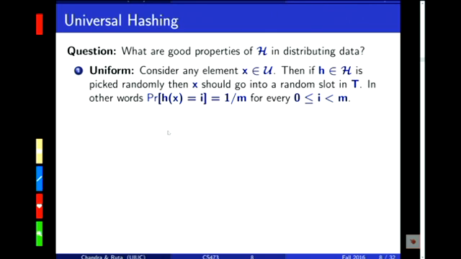Now suppose my family is this. It's a constant function. So every element in the universe maps to the same position. How many functions are there in this family?